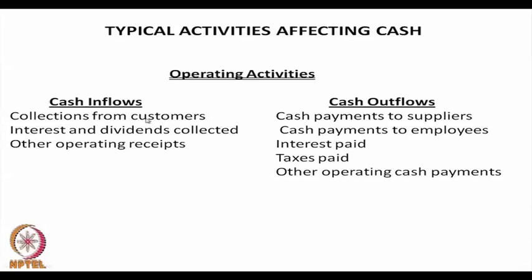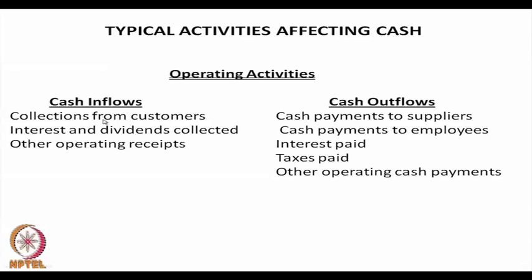Remember that if most of the sales take place on credit, then cash sales are less, and cash inflow may be less. But those who had bought goods last year or many days ago should pay the money back to the company.